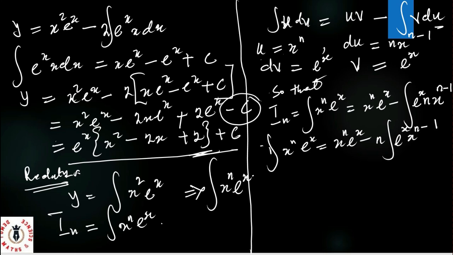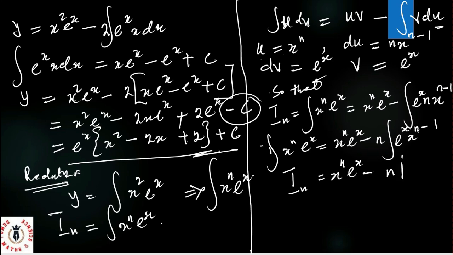Now let's interpret this. If you look at this, my x raised to power n e raised to power x integral, I_n, is equal to x raised to power n e raised to power x minus n. Now here I have the integral with n minus 1.